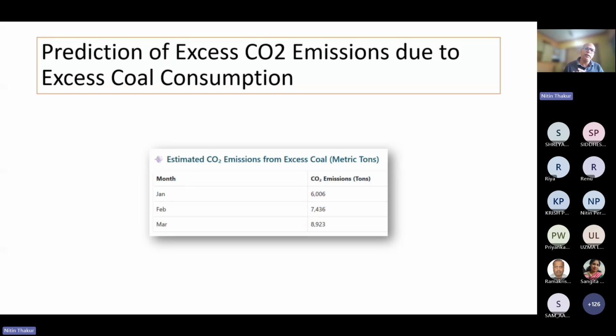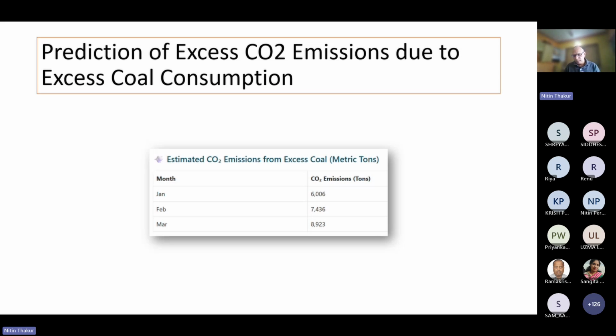Something we created was an alarm. If a particular plant out of the 50 plants, let's say in Maharashtra, or let's say 10 power plants, have reached the threshold of 60% scaling, there will be an alarm or an email sent out to the manager that this is coming to 60% scaling.